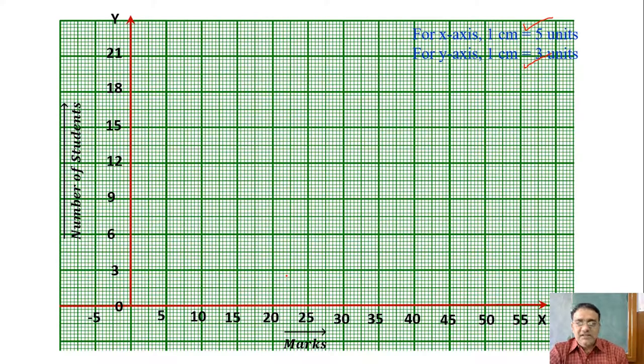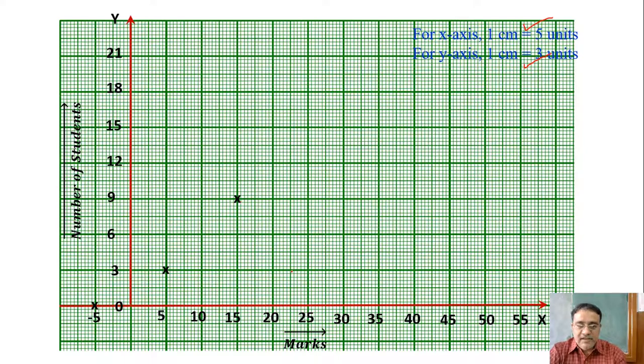So we'll start with the first one. Everyone keep your textbook with you, because I will not be able to show you the previous slide. First -5, 0. And the second one, for 5 the frequency is 3, so it will come here. And 15, 9, so it will come over here.